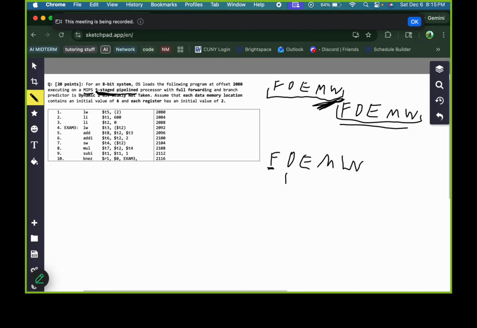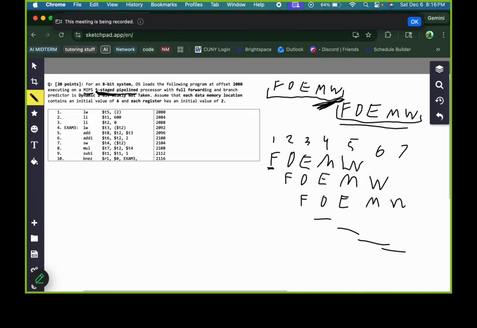So because of that, I can put the next instruction right here. So this allows me to pipeline these guys, and they'll look like a sort of staircase, and on and on and on, right? So here we treat our cycles a little bit different. Instead of being the entire instruction, these cycles now look like this. 1, 2, 3, 4, 5, 6, 7, right?